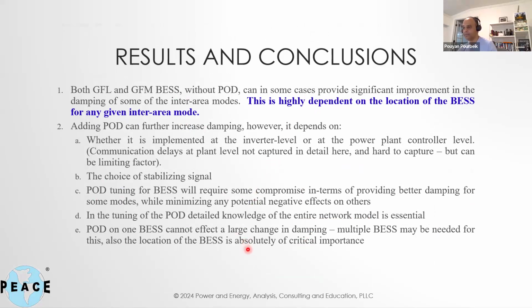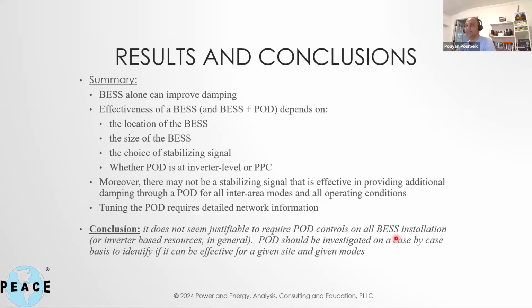And then, multiple BESSes obviously are going to be much more effective than single BESSes. So some of this stuff may seem somewhat intuitively obvious, but it's good to codify it and understand it from a theoretical standpoint as well.